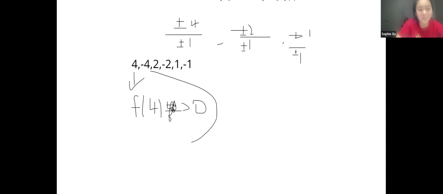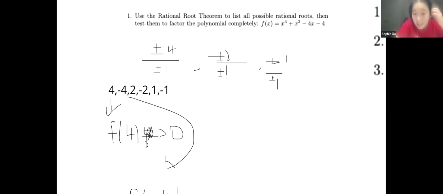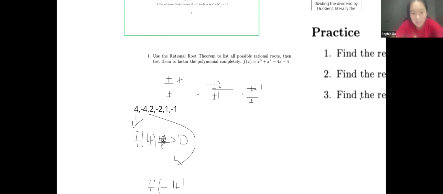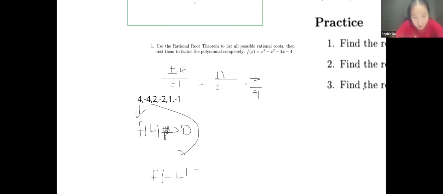Negative 4, then that's negative 4 cubed plus 16 plus 16 minus 4. And that's also just not 0, so that doesn't work.